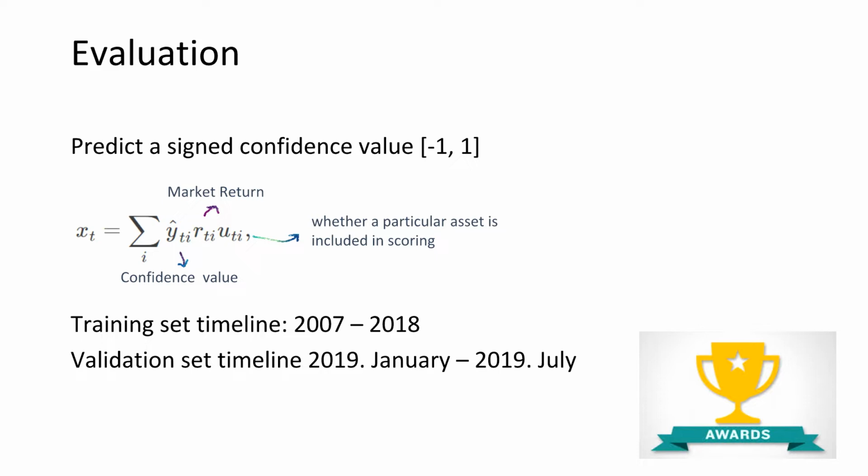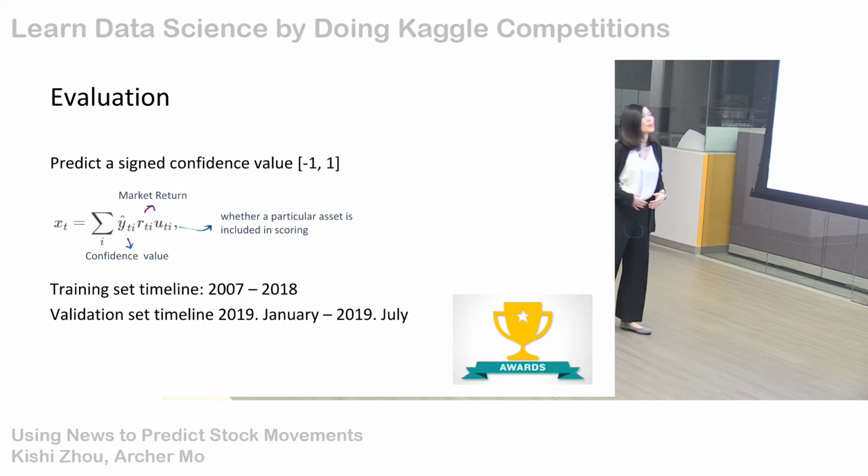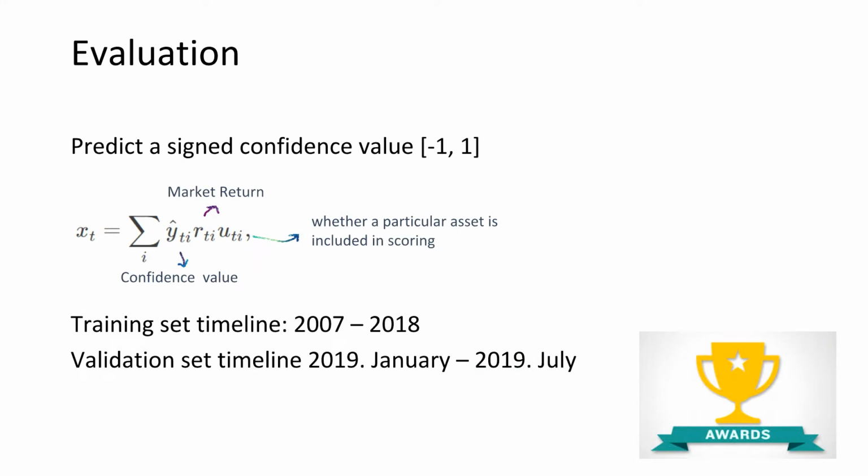Every day a score x_t is calculated. It is a sum of the confidence value, from -1 to 1, times the market return value, times a dummy variable. This dummy variable is 0 if the asset does not exist in the market, and 1 if it exists.